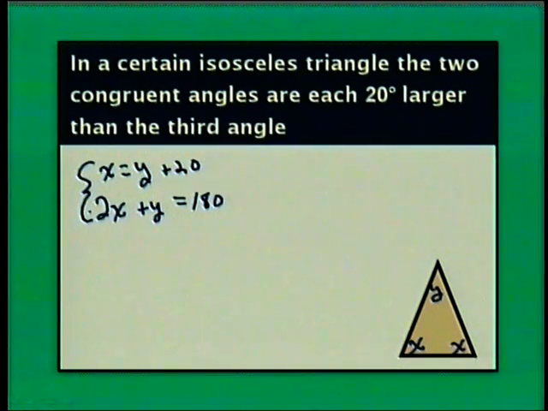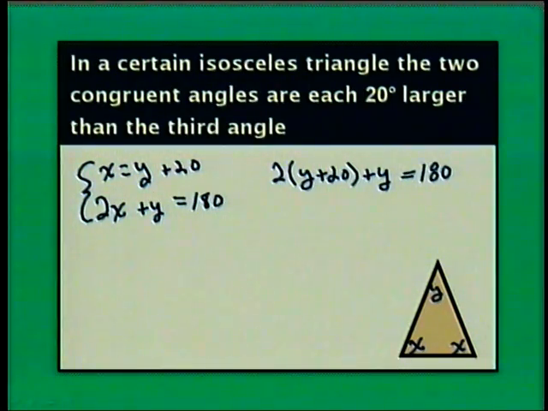Let's solve the system. I think I'm going to use substitution. I'm going to substitute y plus 20 for x in the second equation. That will give me 2 times (y plus 20) plus y equals 180. Let's solve this for y. Distributing the 2, I have 2y plus 40 plus y equals 180.